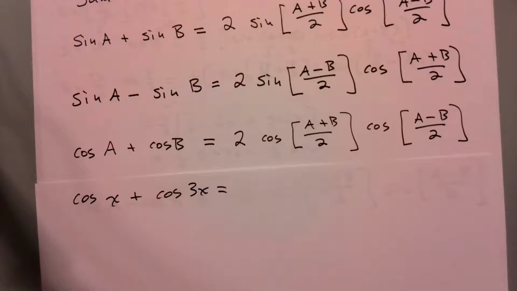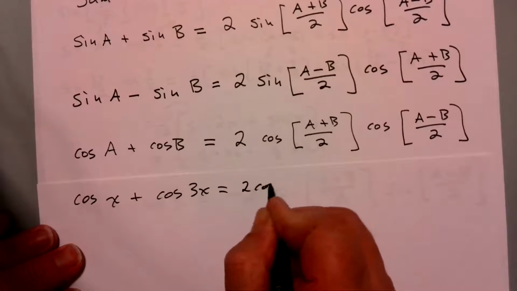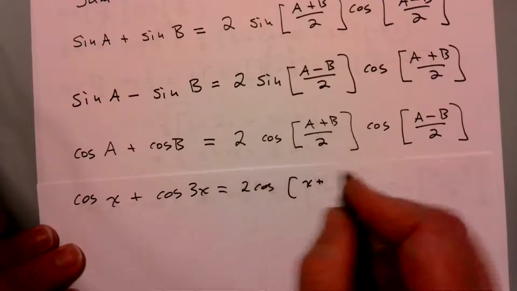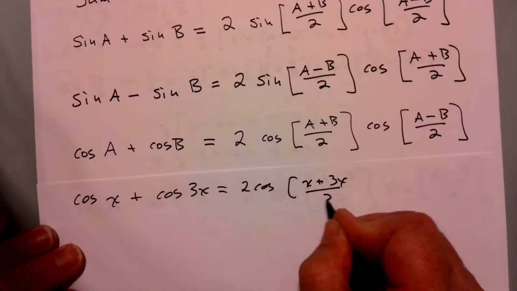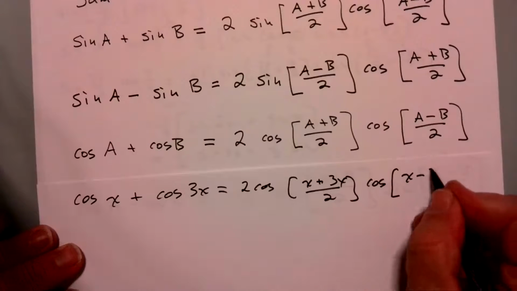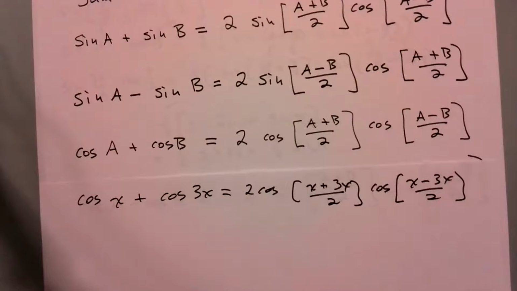But yeah, nice job. So we have our situation here. A is x and B is 3x. So this will be 2 times cosine of A plus B, x plus 3x, over 2, times cosine of x minus 3x over 2.